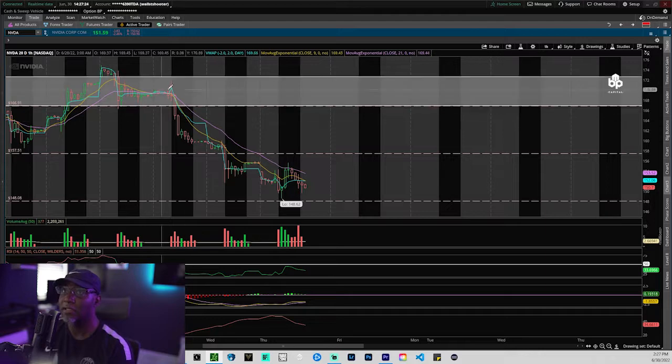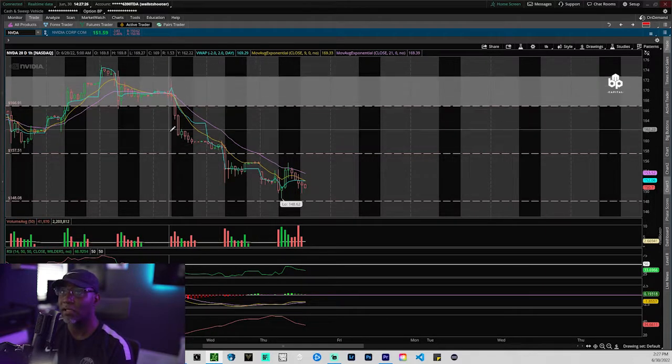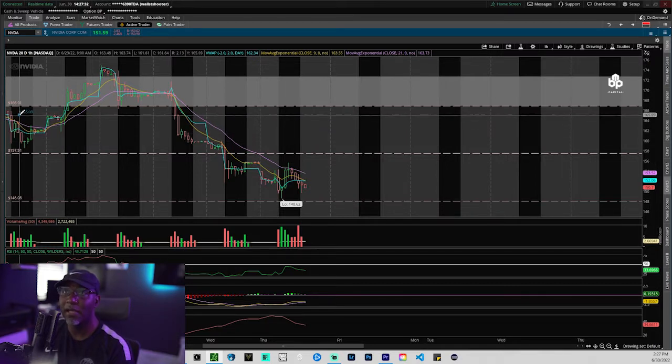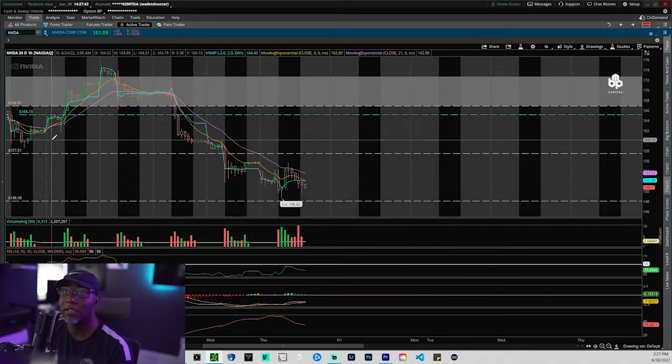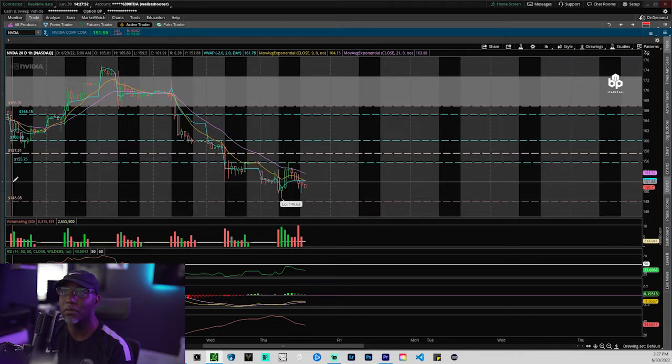Again, I know this is my zone. I'm more so trying to look and see what's in front of me or what's going on in the last couple of days. So I got this area here, and again, I'll change this color. Let's go to teal, save as default, so I don't have to keep right clicking.